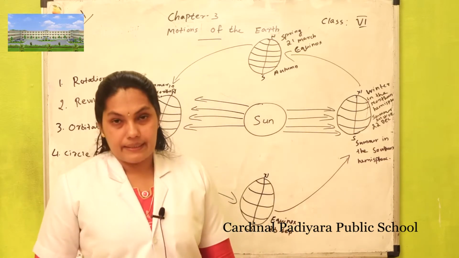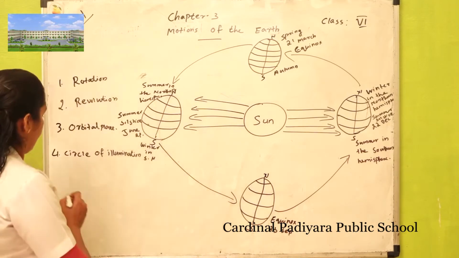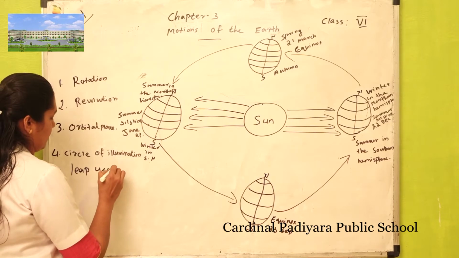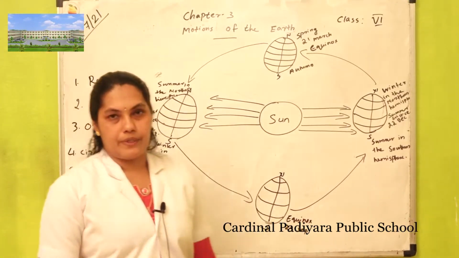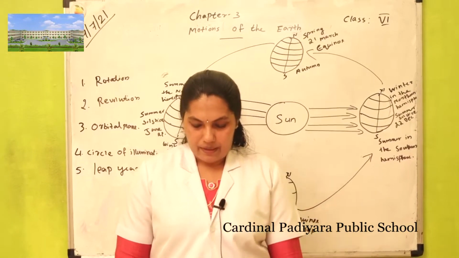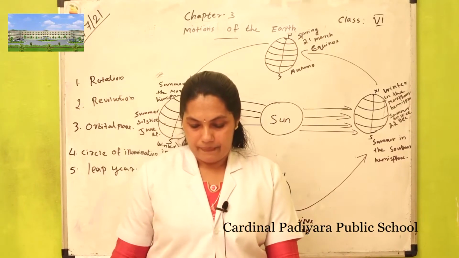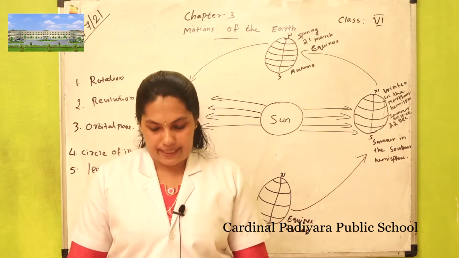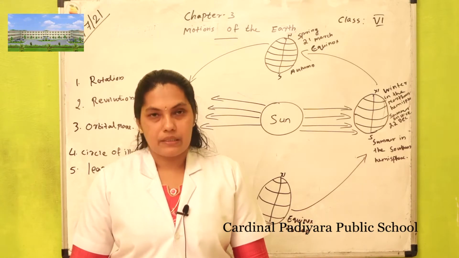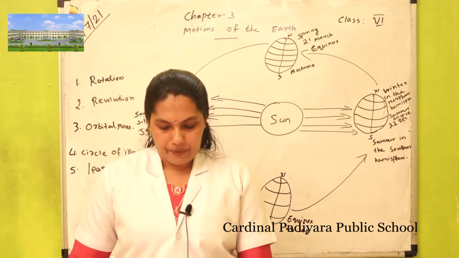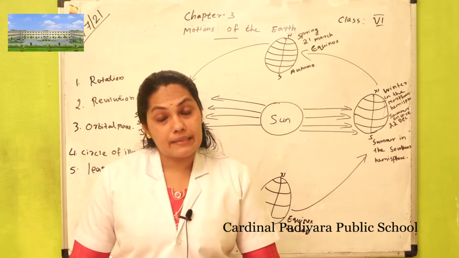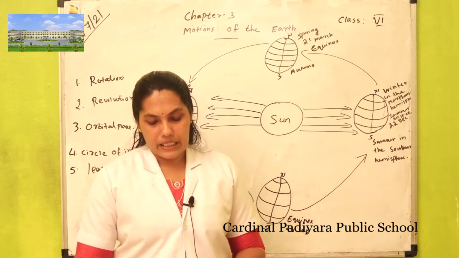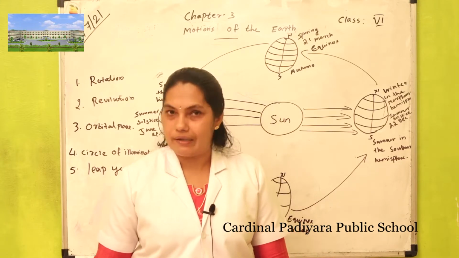The next point is the leap year. The motion of the earth around the sun in its orbit is called revolution. The earth takes 365 days and 6 hours to complete one revolution.